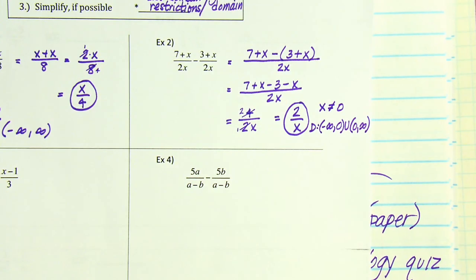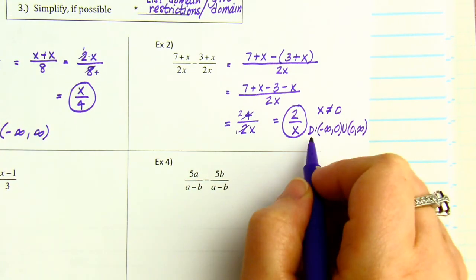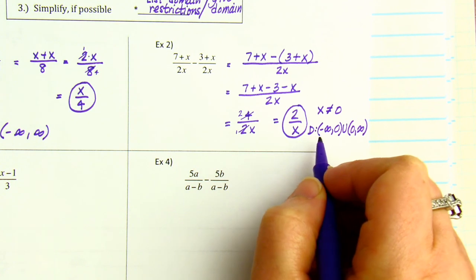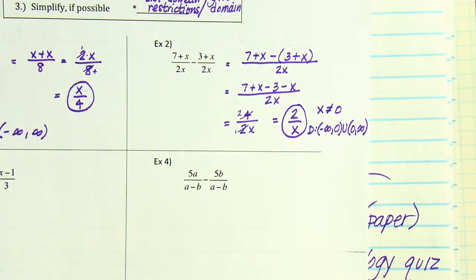Okay, so just know that we need the restrictions to build the domain. Okay, the restriction is what x is not allowed to be. The domain is everything that x is allowed to be. Okay, so they're related, but it's not the same thing. If you have questions, please ask.